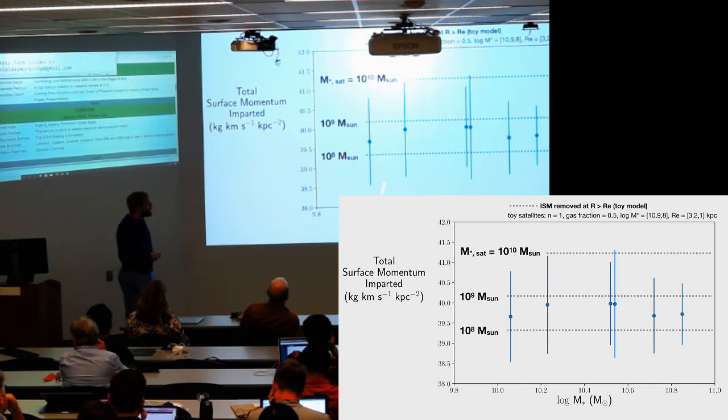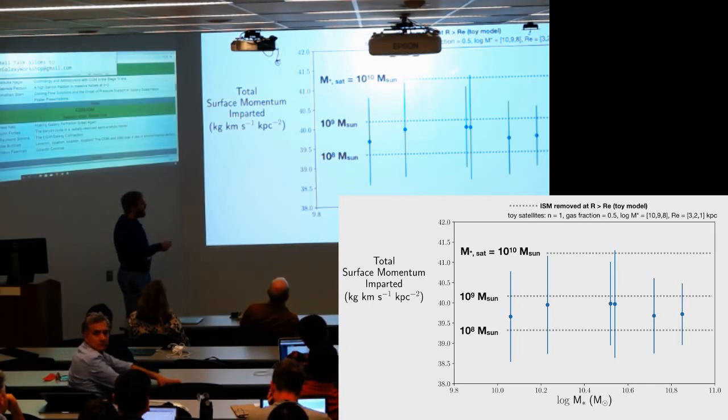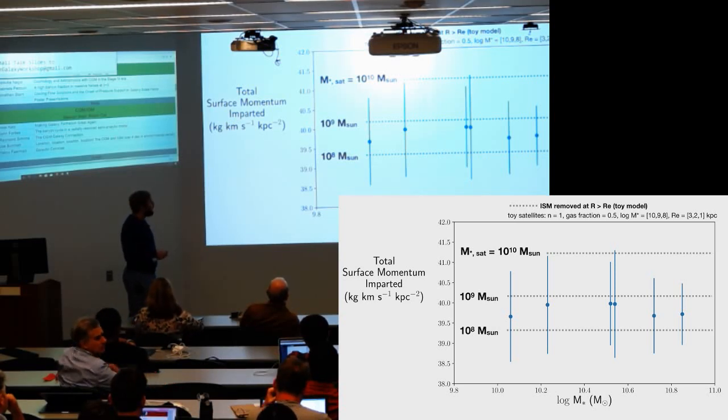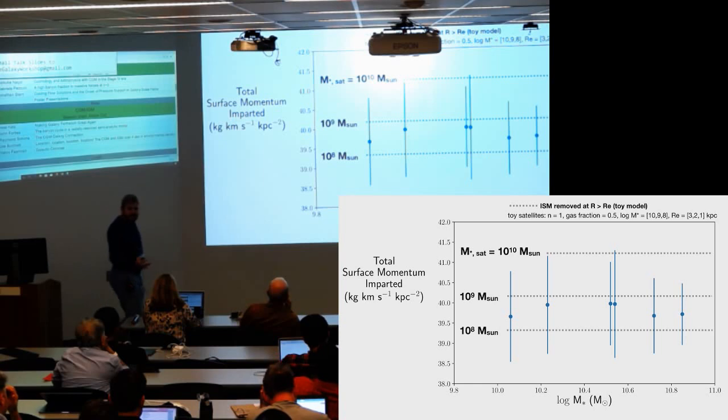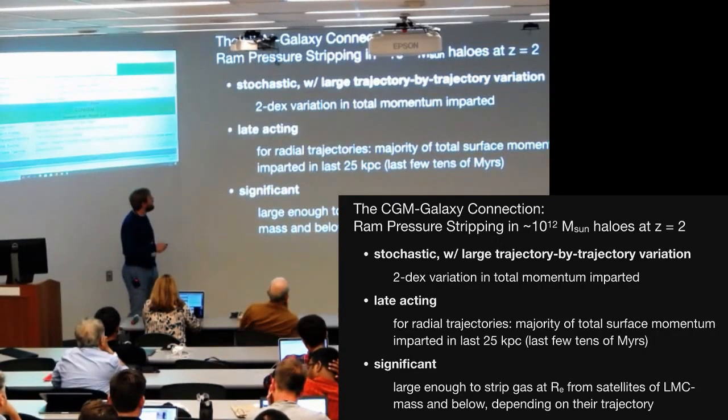These variations are more or less on the order of what you'd expect: one trajectory could remove the ISM beyond an effective radius in a 10^10 solar mass satellite, while in the same exact halo, another trajectory can only remove it in a 10^8. So there's a lot of stochastic variation coming out of these experiments.